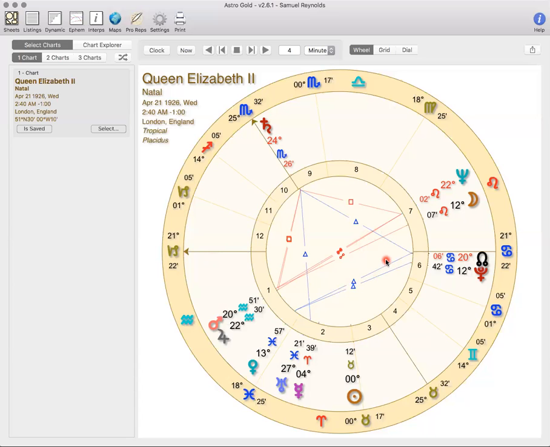The other thing to know is that these different aspects are perceived as what we call hard aspects or soft aspects. So I'm going to go through what are the top ones, and I'll use some illustrations from Queen Elizabeth's chart because she has a good measure here, at least 3 of them, but we can get into the other ones.